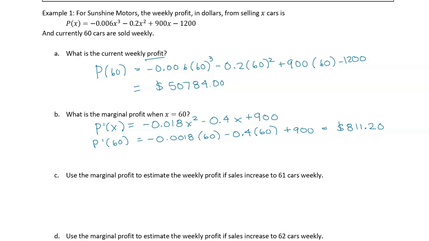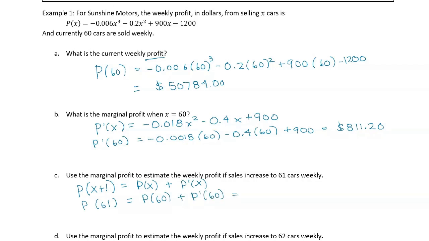Part C says to use the marginal profit to estimate the weekly profit if sales increase to 61 cars per week. Well, we learned at the beginning here that P of x plus 1 is just going to equal P of x plus P prime of x, or the derivative of P. So P of 61 is going to equal the profit function at 60 plus the derivative function at 60.